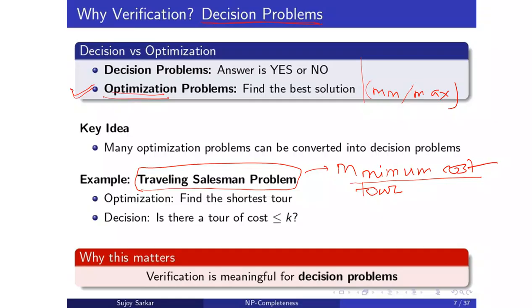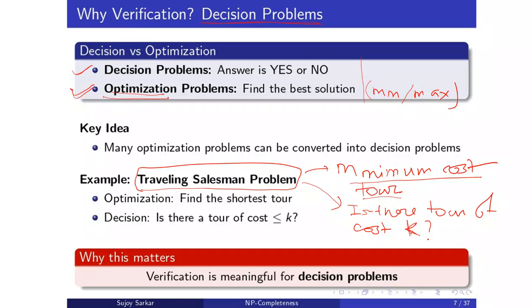Now we will consider another version of the problem called the decision version, where instead of the minimum cost tour, we ask the question: is there a tour of cost less than or equal to k? This is a similar problem. Instead of finding the minimum, we are asking, is there a tour of cost k?